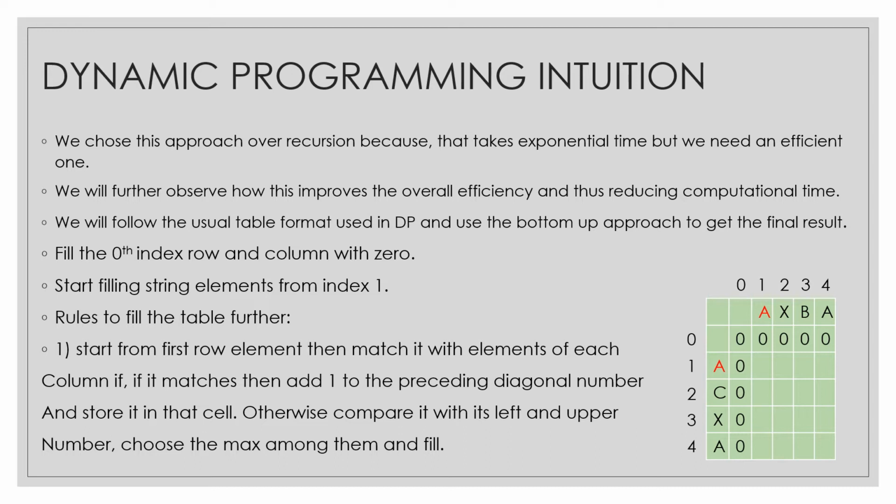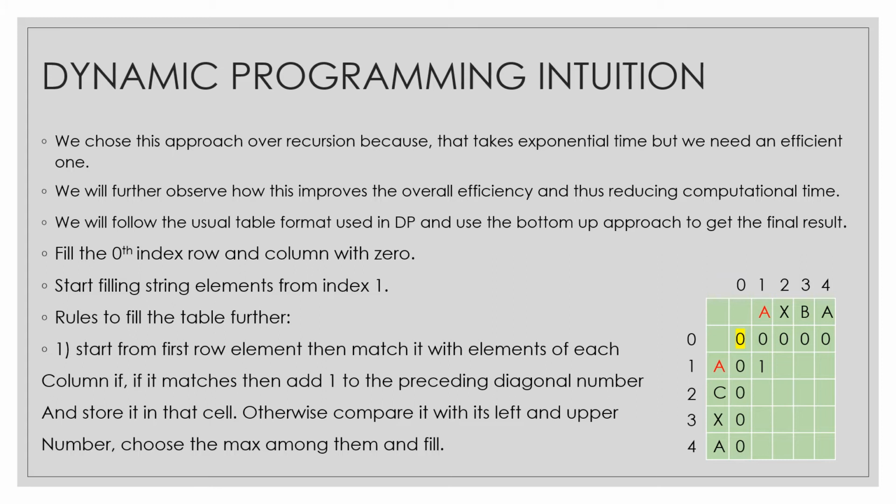So we will follow rule 1, which is we will take the diagonal element, which is colored in yellow, and we will add 1 to this and append it in this cell, right? So 0 is here, we will add 1, what will we get? We'll get 1 and we will append it here. So this is the method that we have to follow for rule 1.